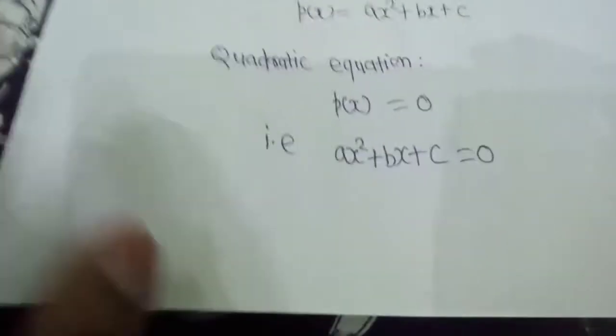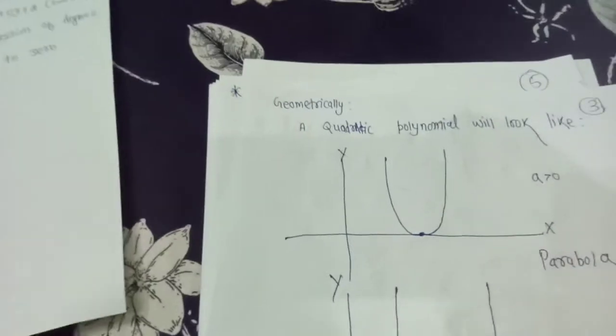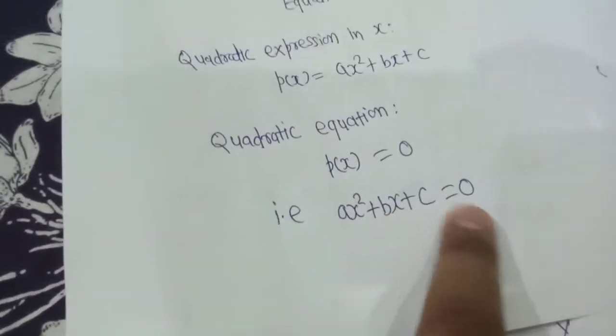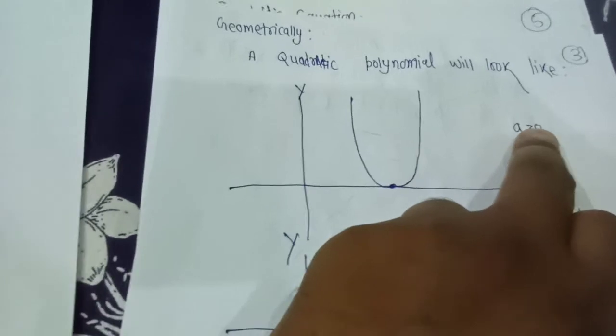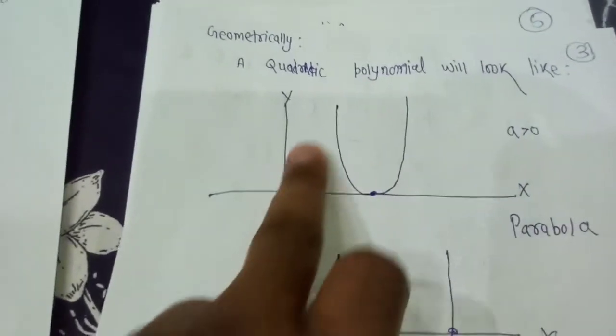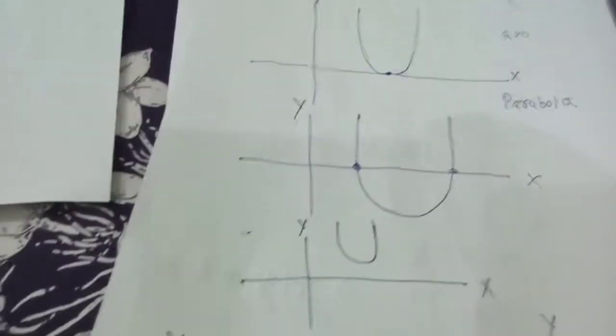So what does this quadratic equation geometrically represent? Geometrically it represents a parabola. If you draw ax square plus bx plus c on a graph, it will come like this. If a is greater than 0, or if a is positive, then it will come like this, or this, or this.